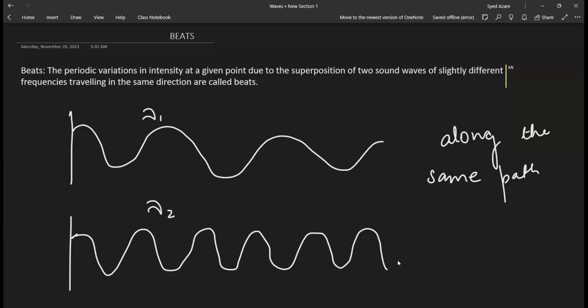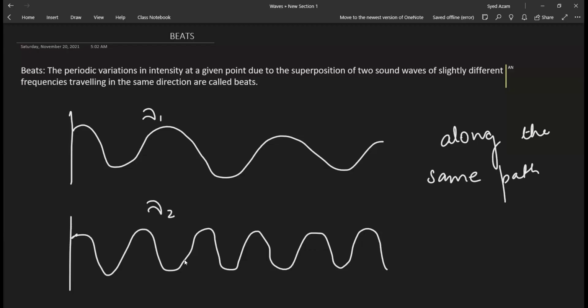So at any point, the intensity of the resultant sound rises or falls alternately with time. It depends on certain conditions, those of loading and filing, which we'll discuss.